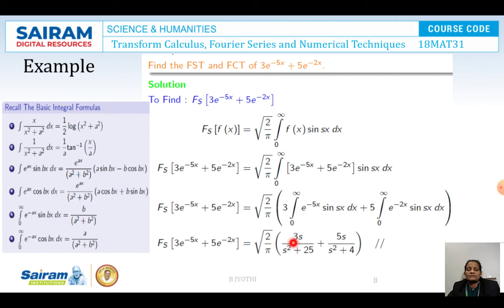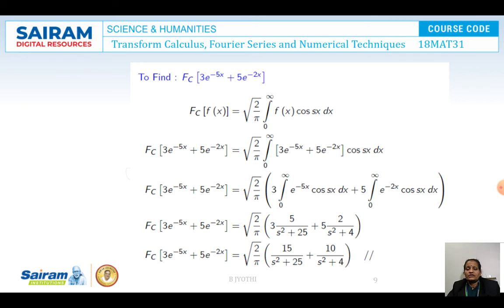Therefore, 3 is there outside, so b is s actually. So 3s divided by s squared plus 25 plus 5s divided by s squared plus 4. This is what we are going to get.